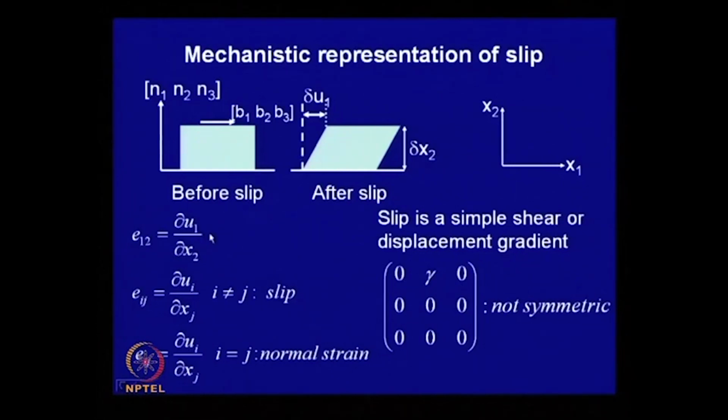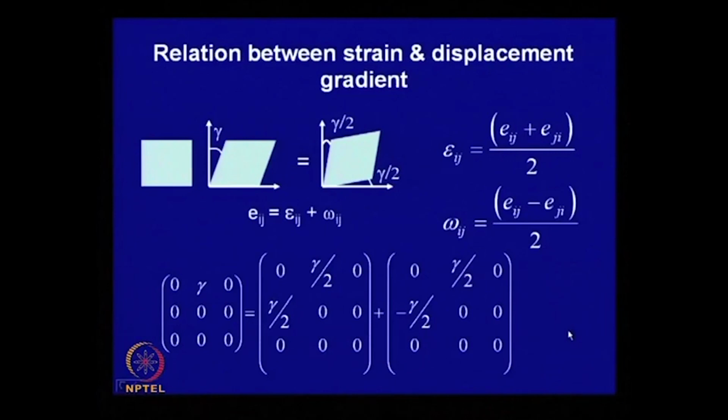So, E12 is gamma and the rest of the components are 0. So, essentially this is not symmetric, but pure shear is symmetric, and this distinction is usually made in continuum mechanics, and which is shown over here. So, how do you make a distinction between displacement gradient and pure shear?